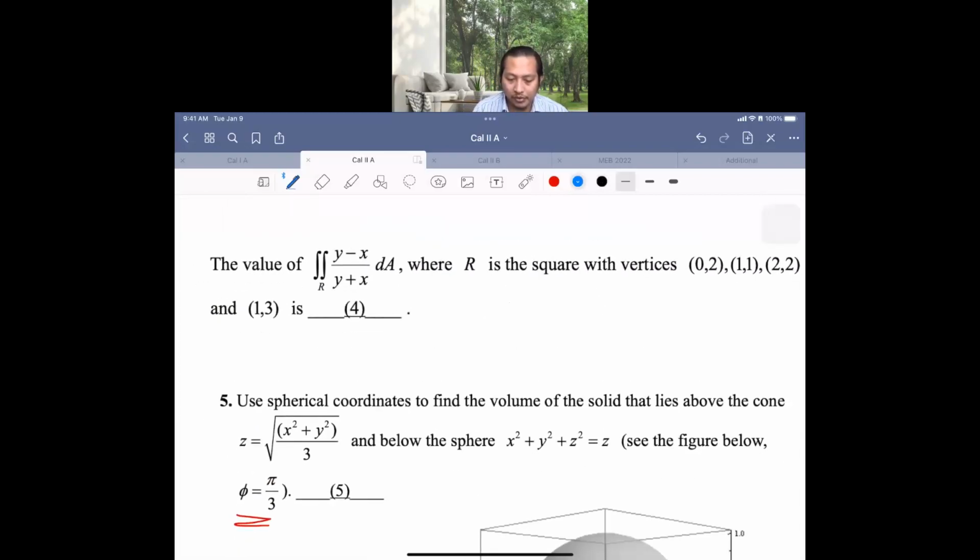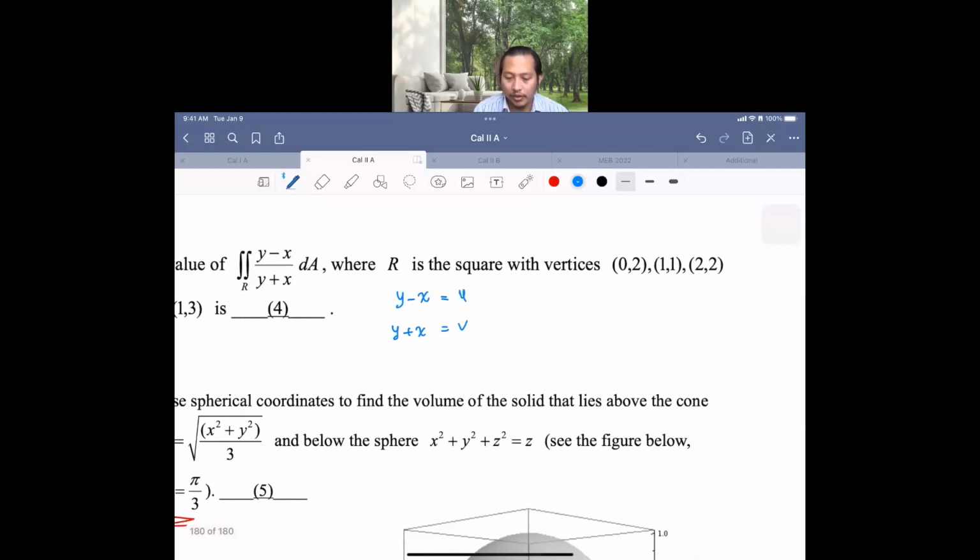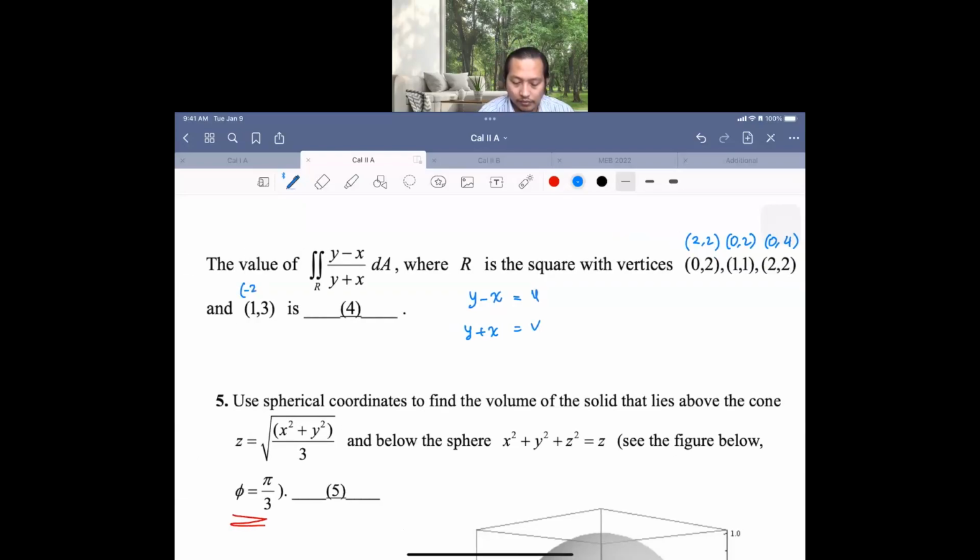For number 4, it's easy to say that if we let y minus x and y plus x be our change of variables, say u and v, then we can make the formulations for points in u, v. So y minus x is u, so 2 and 2, then this becomes 0 and 2, this is 0 and 4, and this is 2 and 4.